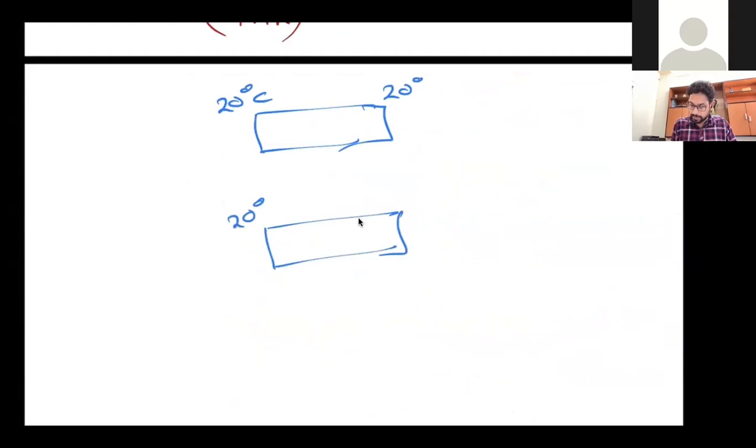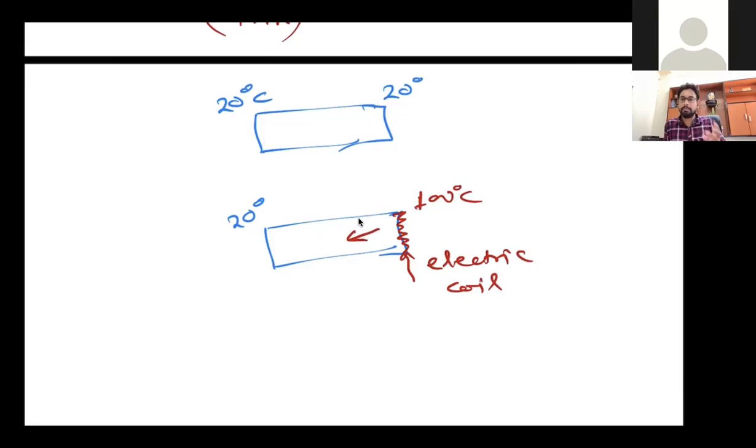Let's assume that initially this block of solid was at 20 degrees here as well as 20 degrees here, but all of a sudden we make this part 100 degrees. We give some heat through, let's say, an electric coil, and it becomes 100 degrees Celsius. What will happen now? It will start transferring heat, but at the same time, the temperature will slowly rise, right?